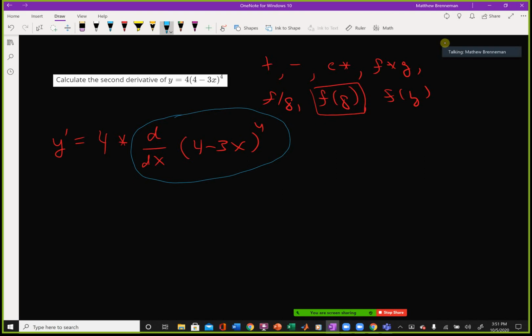I'm going to think of the inside function as blob, which I'm just going to write like this. And if I put in blob for the inside function, the outside function is going to be blob to the 4th. So I'm now going to think about this as d/dx of blob to the 4th.